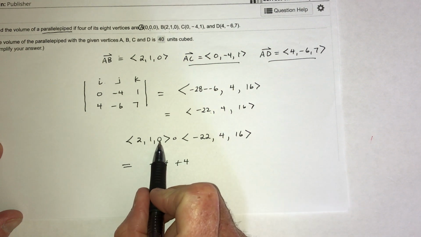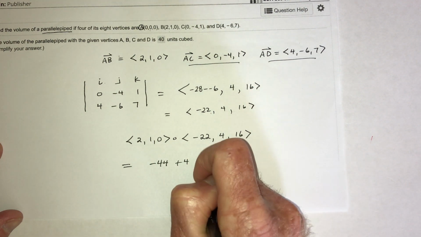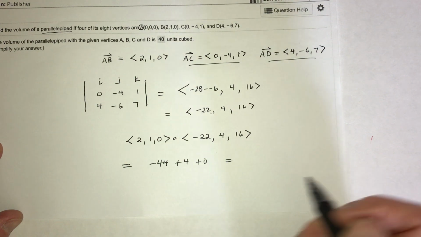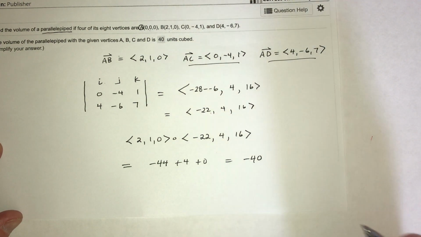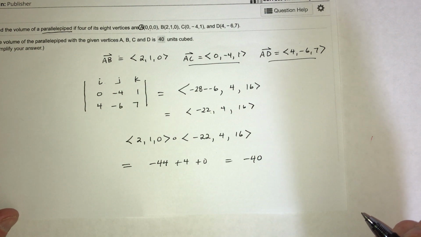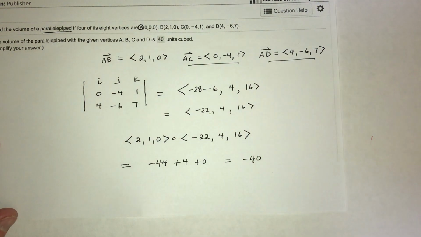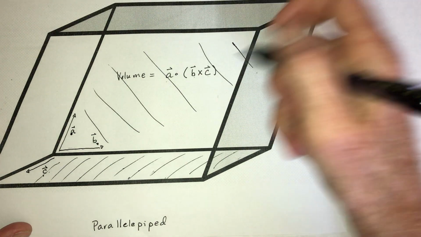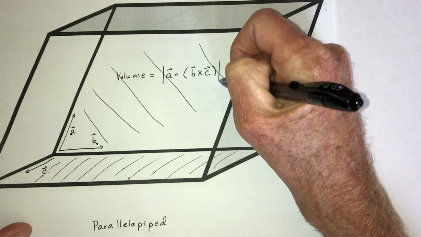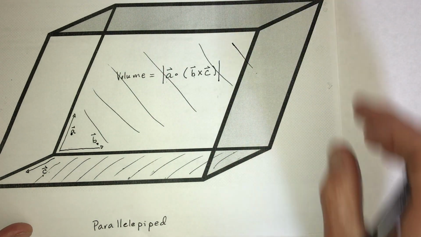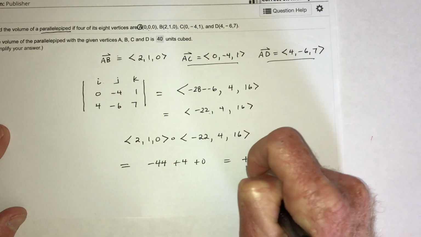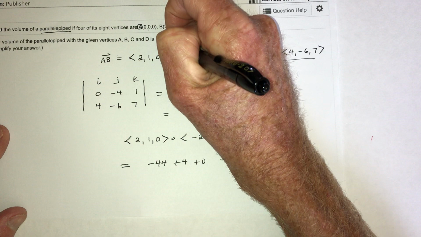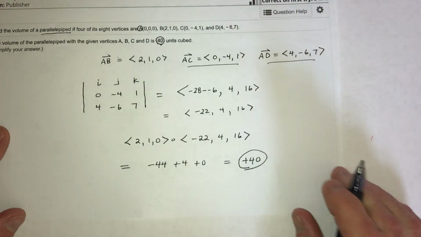And the last one is going to be 0 times this, so that's 0. And so I get the answer that it's negative 40. But of course, volume cannot be negative. So back here, I should have emphasized you need to take the absolute value. So take off the negative, and the answer is 40, just like the homework said it was going to be.